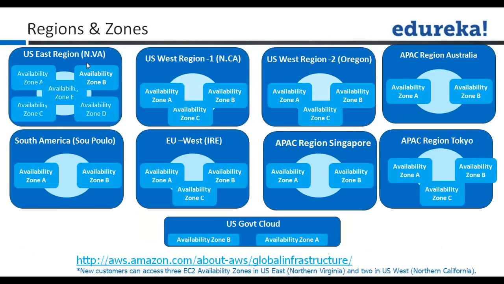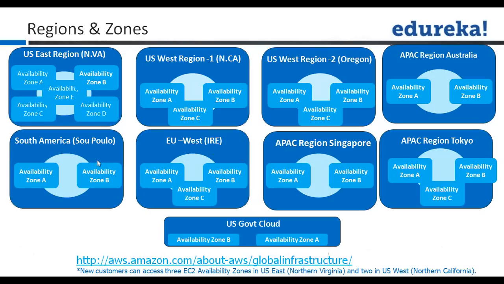They are in US East, that is in North Virginia, in US West, that is in North California, in Oregon, in Australia, that is in Sydney, in Tokyo, Singapore, in Ireland, and in Sao Paulo, that's South America. They have 8 major regions available.